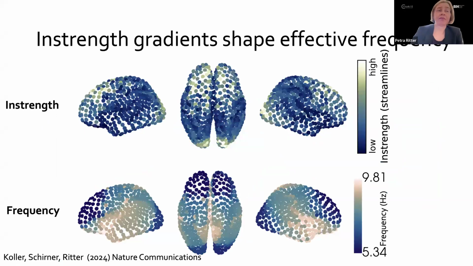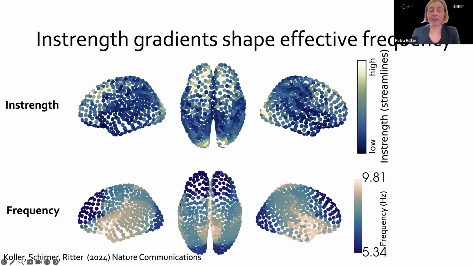So here we see again the in-strength gradient, and in our model we also looked at the effective frequency. The intrinsic frequency was 10 hertz, and based on the in-strength gradients, the intrinsic frequency that has been implemented in the model was actually modified.